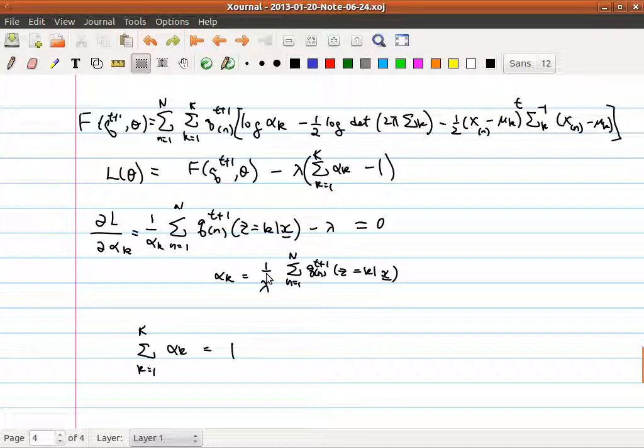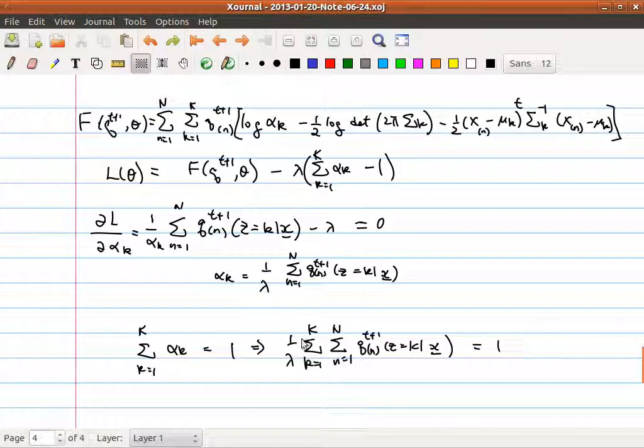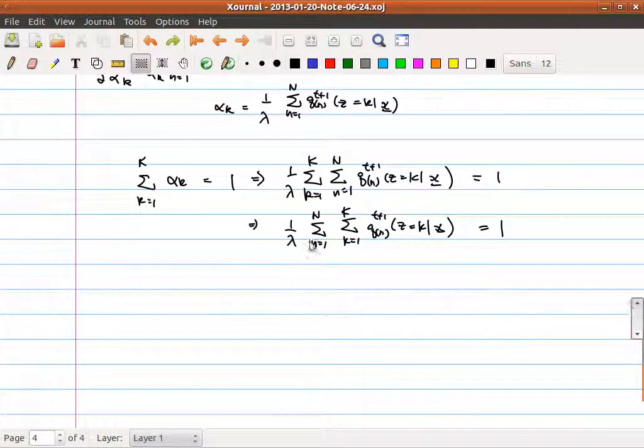But what's lambda? We can find lambda by trying to normalize alpha k, because alpha k is a PMF here. It should sum up to 1. So therefore, if I try to sum up alpha k, I will have this one set to 1. I can flip the summation of sum over n and sum over k.